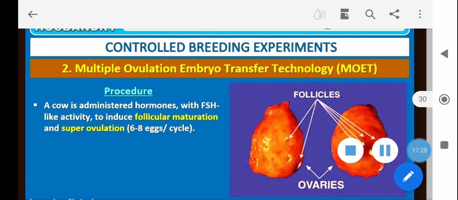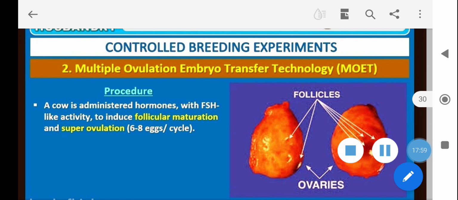Ovulation is brought about. In each cycle, 6 to 8 eggs are formed. The cow is either mated with an elite bull or artificially inseminated. The blastocysts at 8 to 32 cell stage are recovered non-surgically and transferred to surrogate mothers. This technology is successfully used in cattle, sheep, rabbits, buffaloes, etc.